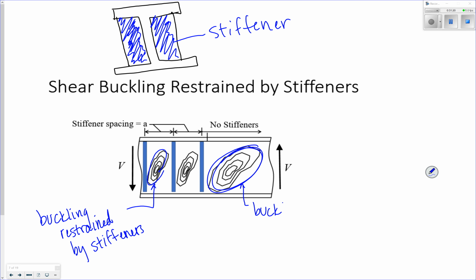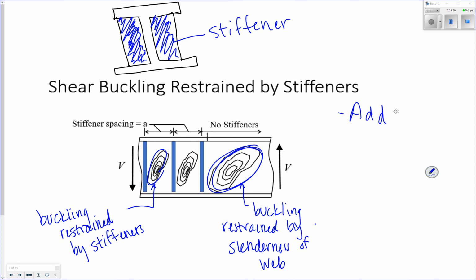So the only thing preventing buckling there is the slenderness. So we can add stiffeners.